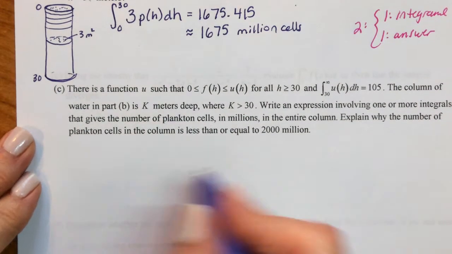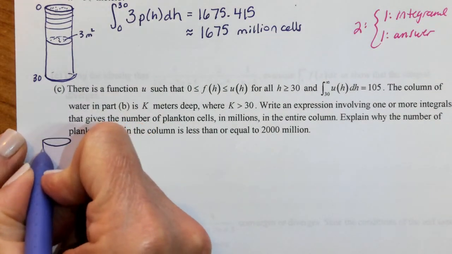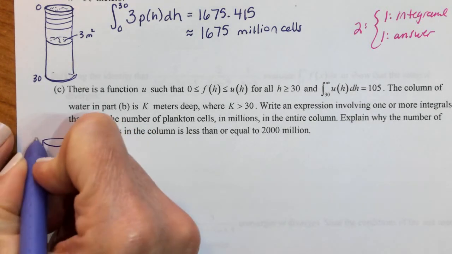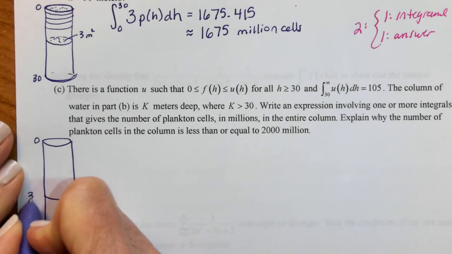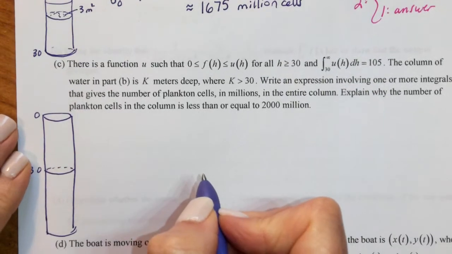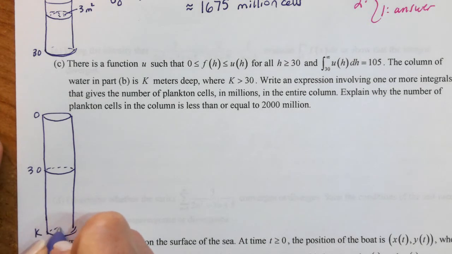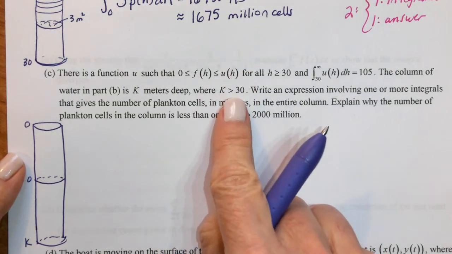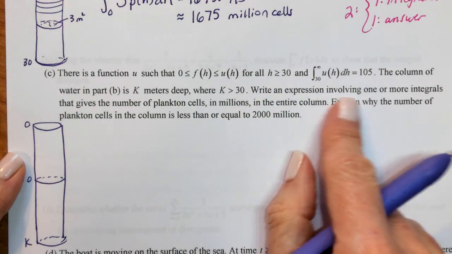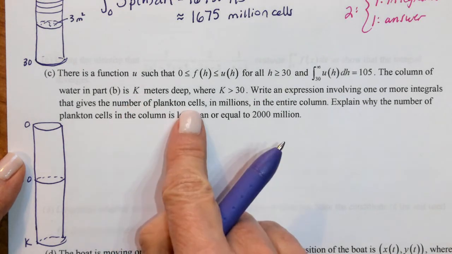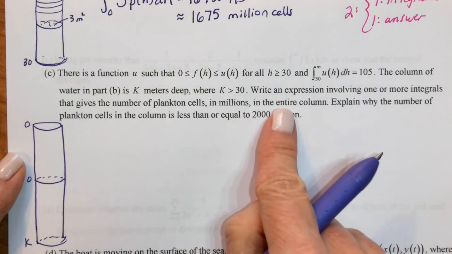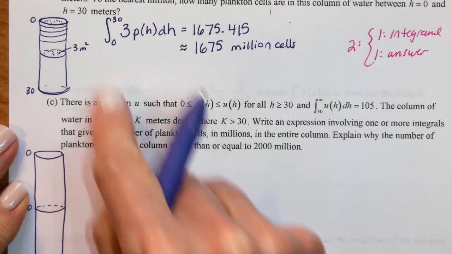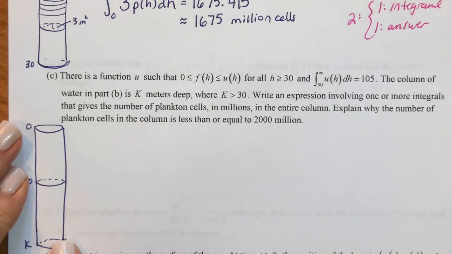So in my mind, I'm going to take that same column of water and make it longer. So we were going from 0 to 30, and now we're going from 0 to k. All right? Very good. k is bigger than 30. Write an expression involving one or more integrals that gives the number of plankton cells in millions in this entire column. Well, up here we found the plankton cells from 0 to 30. We just need to do it for an extension here.